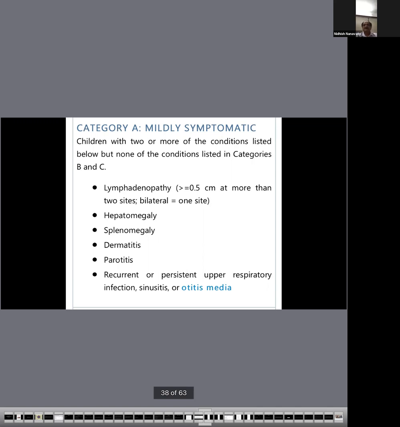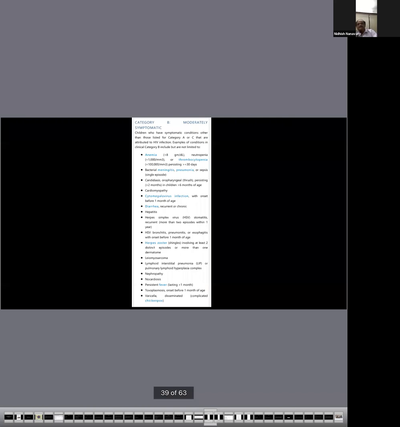Two or more of these conditions will fall in mildly symptomatic cases, and none of the conditions in B and C.